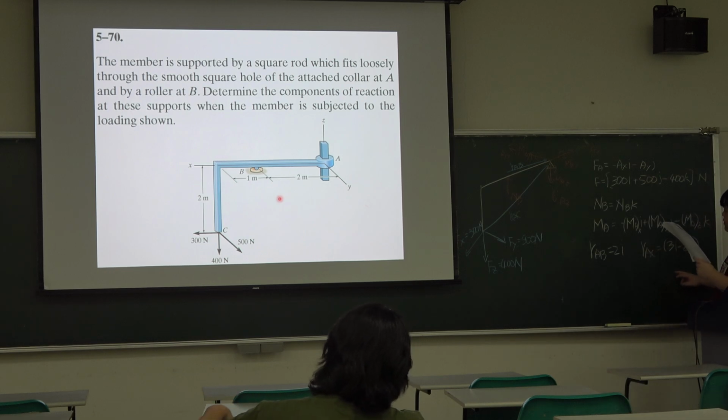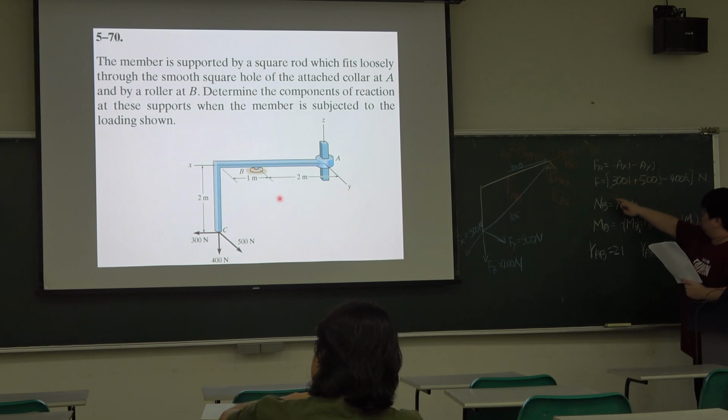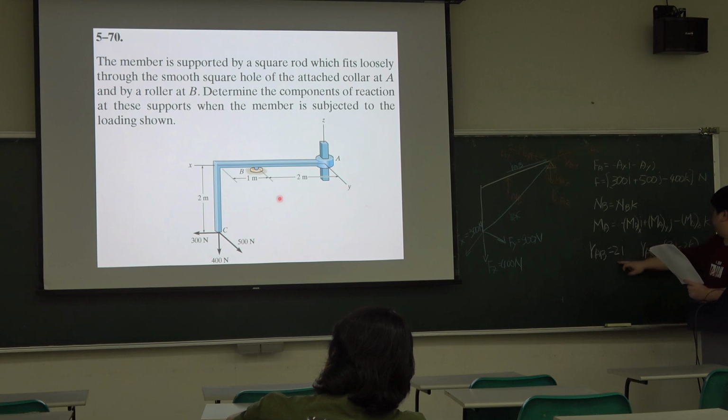Okay, so we have these four forces in Cartesian vector form and two position vectors. So we can do the summation F equals 0 and the summation moment equals 0.